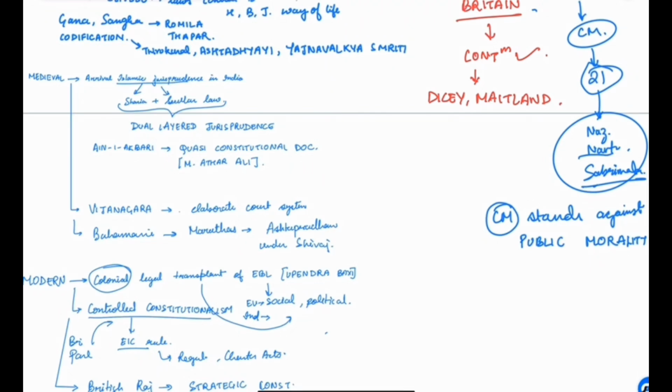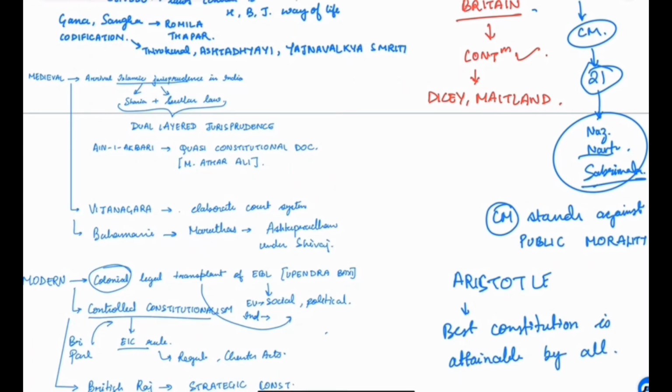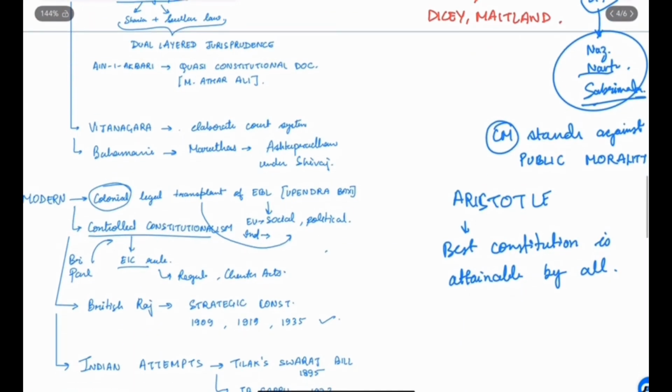In the end, we can see how Aristotle used to say that the best constitution is one which is attainable by all. If it is attainable by all, it must align with the morality of all.